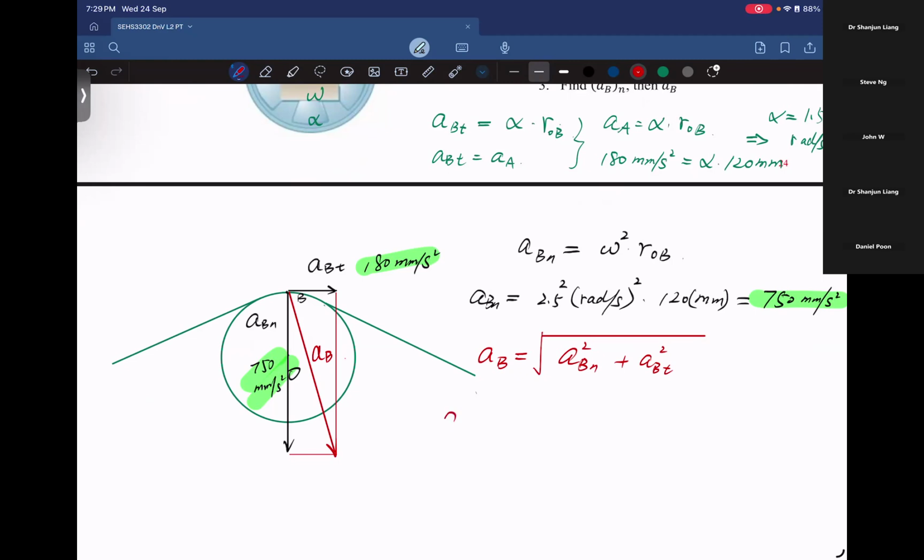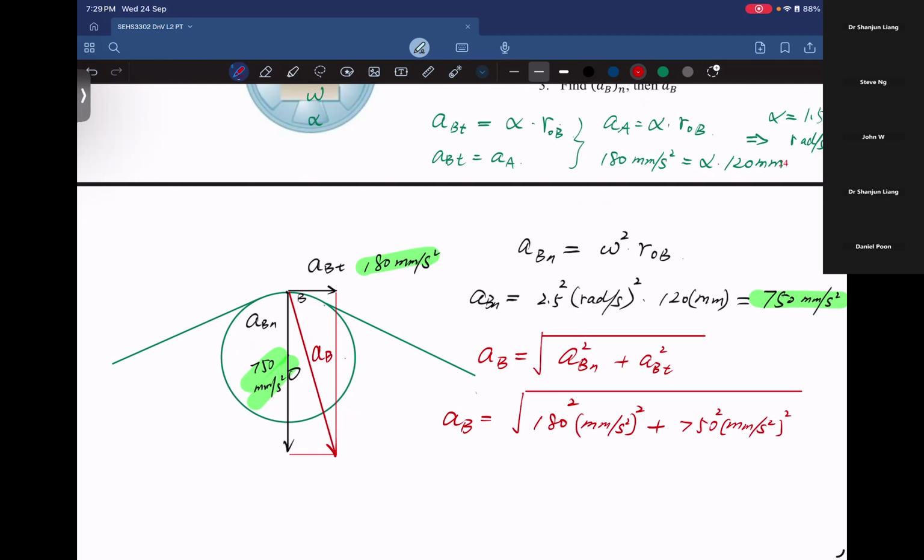We just substitute: ABT is 180 millimeter per second square, squared, plus ABN is 750 millimeter per second square, squared, and take the square root.